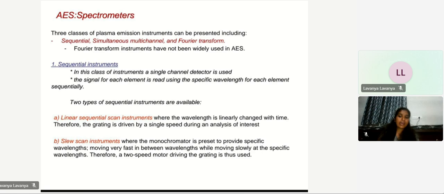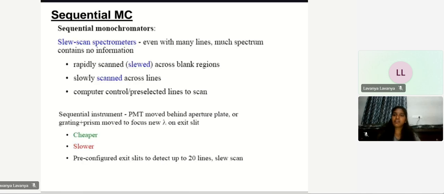So here in the slew scan, a sequential monochromator slew scan spectrometer is used. Even with many lines, much of the spectrum contains no information. It is rapidly scanned across blank regions and slow scanned across lines, with the computer controlling pre-selected lines to scan.